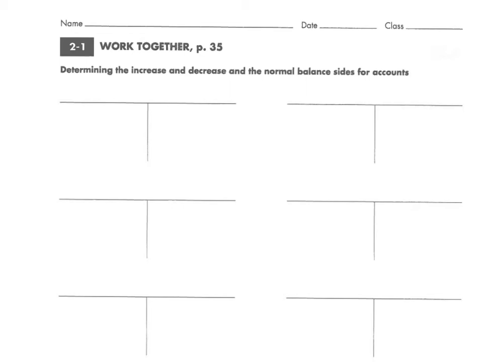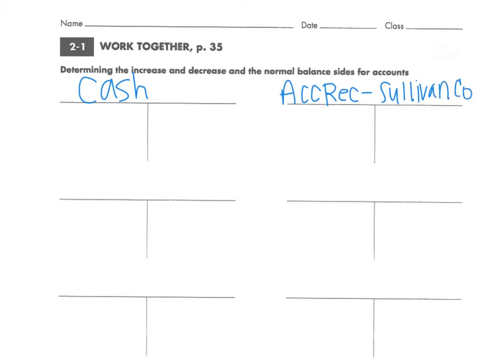So what we're going to do is create a T account for all of those accounts that they gave us. The first one is cash, and then accounts receivable. Doesn't really matter where you put these at, and I'm just going to abbreviate because I wrote way too big. So accounts receivable dash Sullivan Company. Supplies. Prepaid Insurance.